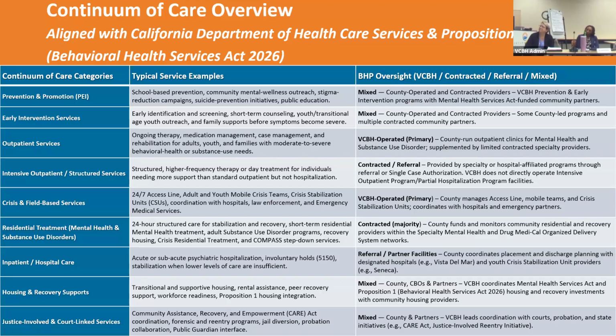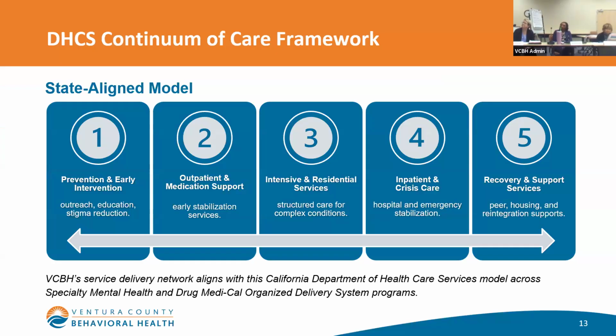So it's either BCBH direct service or contracted provider. Some are referral, and some are mixed. I think that if you use a magnifying glass, you can take a look.